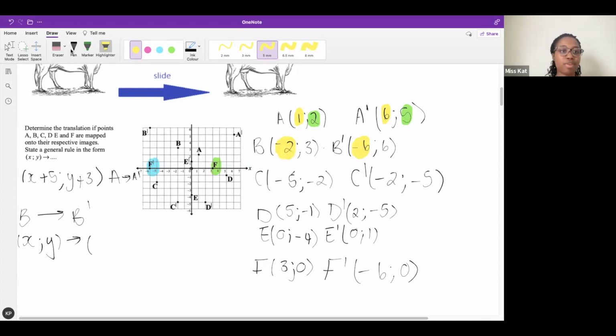First of all, am I moving left or right? We are dealing with X's now. So am I moving left or right? -2 to -6. This is where integers are going to come and be a little bit of a problem. Nice, I'm moving left. So is it a subtraction or addition? If I'm moving left, am I adding or subtracting?